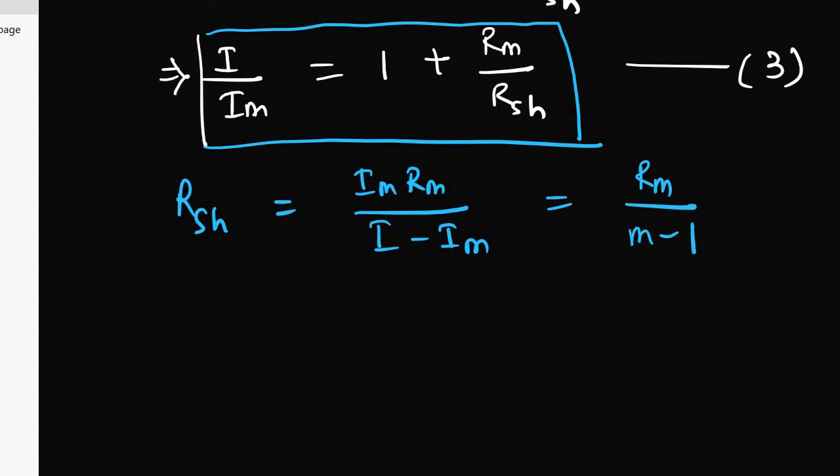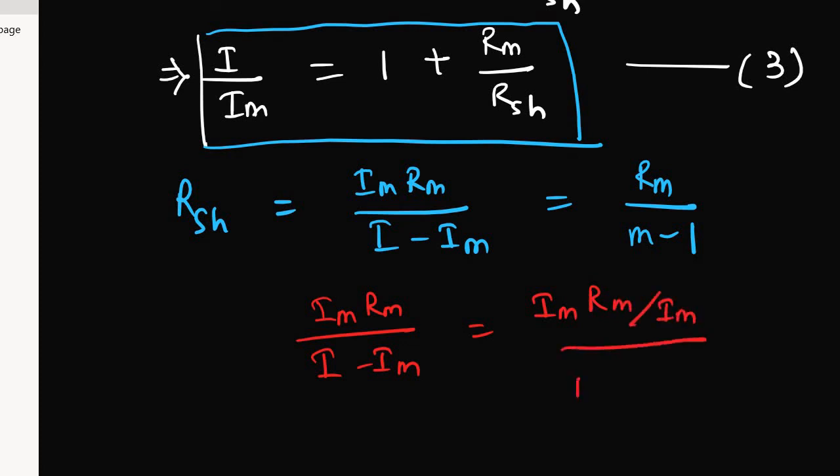Okay. Now what I'm going to do, I will simply put it like RM divided by M minus 1. How so? Because I am changing the color so that you will remember as an explanation. In IM RM divided by I minus IM, I simply divided by IM in the numerator as well as in the denominator. So this is all equal.